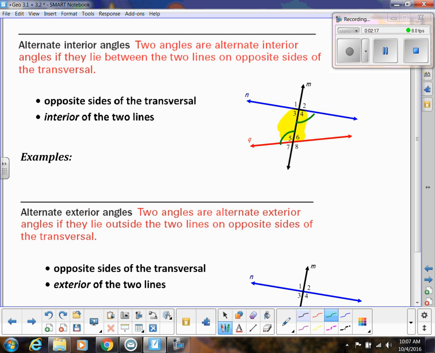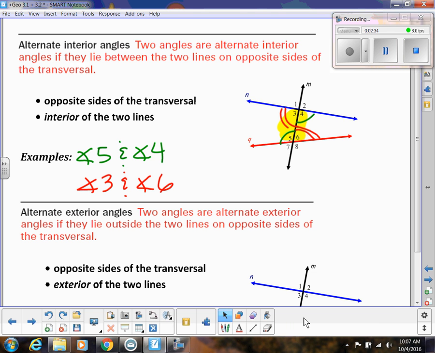So for example, angle 5 and angle 4, and then also angle 6 and angle 3. Now I am using arcs only to indicate where those are. I'm not necessarily saying they're congruent yet. All right, notice that these lines are crooked, so these angles do not have any meaning as of yet. Right now we're just looking at location of those angles.